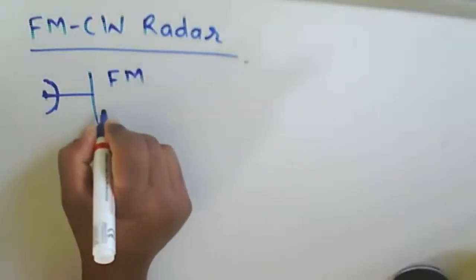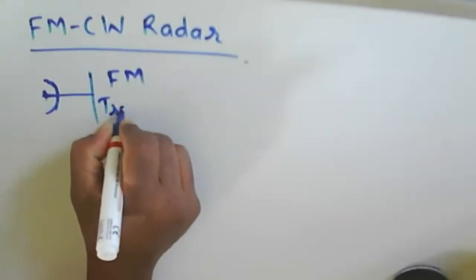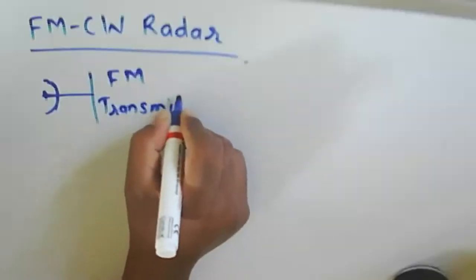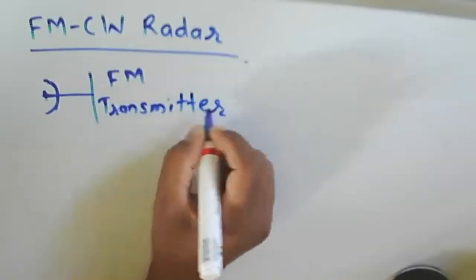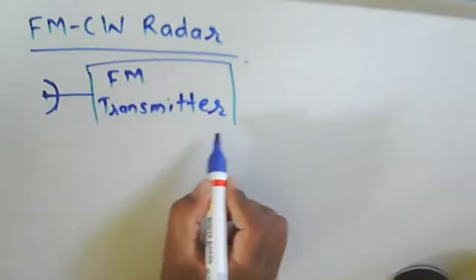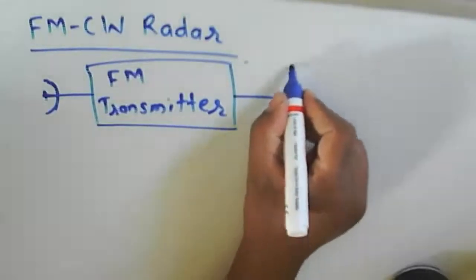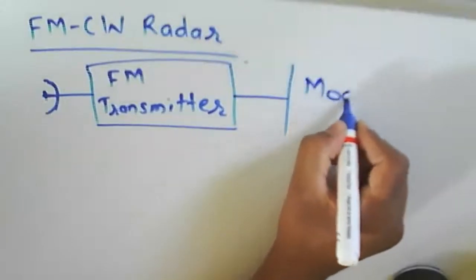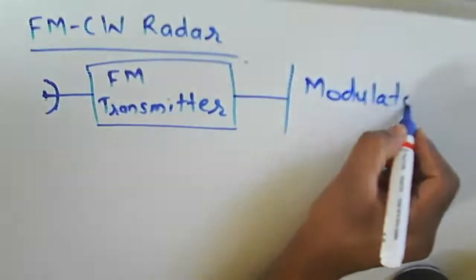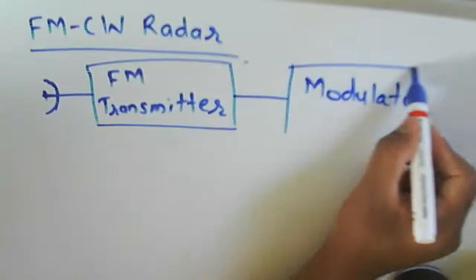This one is about your FM transmitter. Then we have the modulator here.